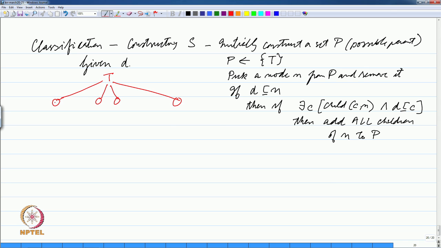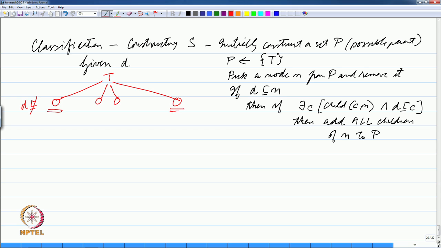Now, I look at each of these nodes one by one and ask the question: does it subsume D or not? Let us say this one does not subsume D. Then we simply throw it away, we are not interested in it any more.